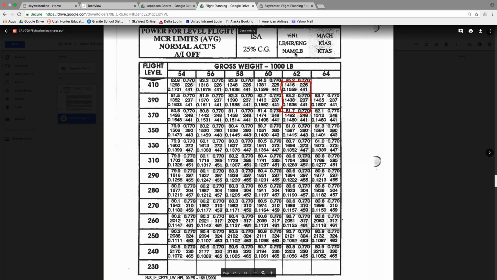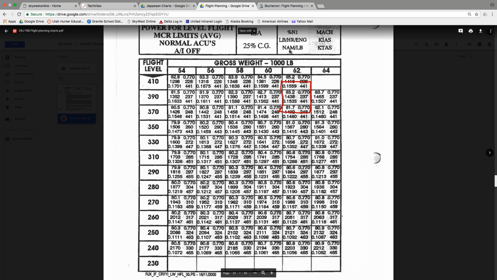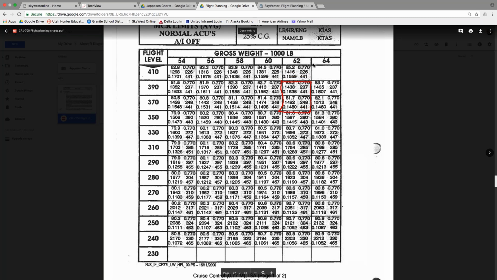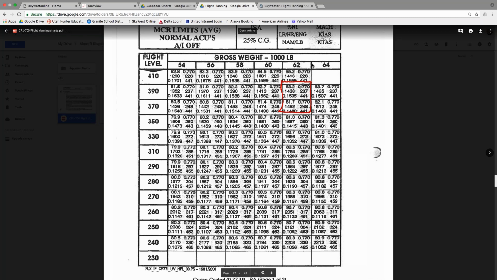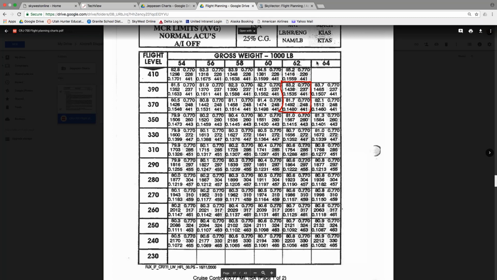We don't care about, what is that, nautical miles per pound? I've never cared about it, so I really don't know. Knots indicated airspeed, we don't care. The pilot cares about that, since that's what he's going to be seeing, his speed and altitude.